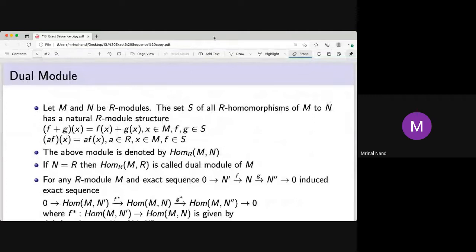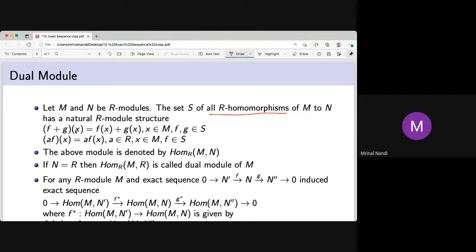Now there's a dual module. It's like a dual vector space. So let M and N be R modules. The set S of all R homomorphisms from M to N, like R linear maps in a vector space, has a natural R module structure. So that set of all R homomorphisms is again an R module.